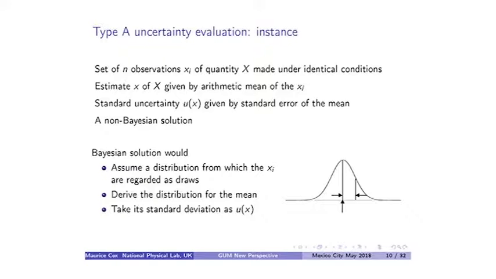But that's a non-Bayesian solution. What a Bayesian would do is assume a distribution for which the x_i are regarded as samples or draws, and derive the distribution for the mean and take its standard deviation as u(x). Under appropriate assumptions, we'll get the same answer as in the GUM, but not in all circumstances.